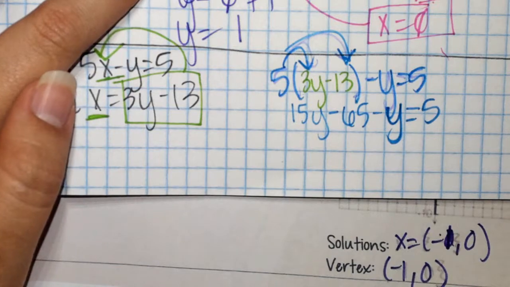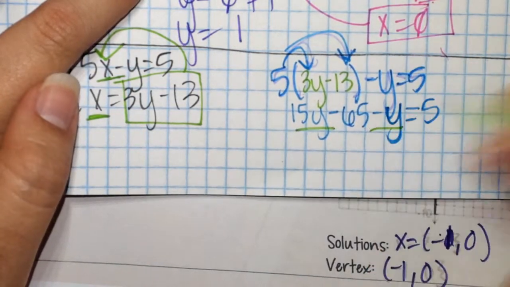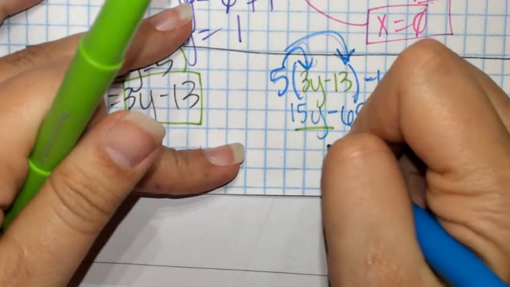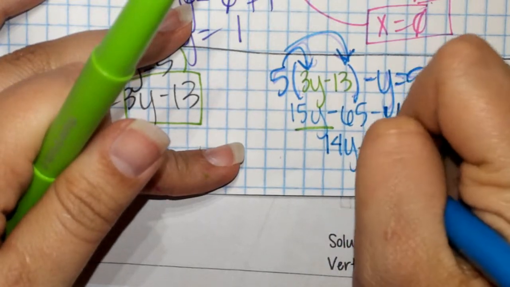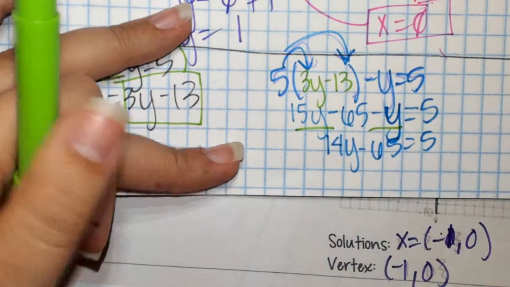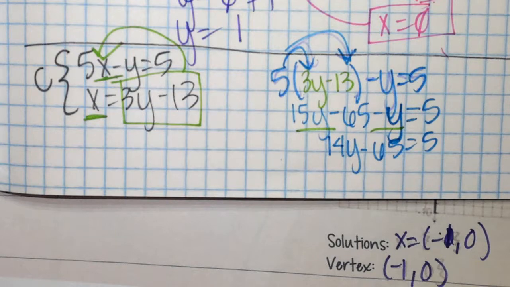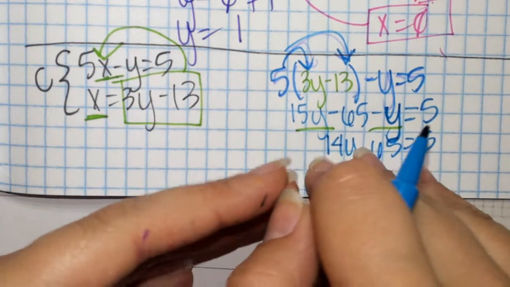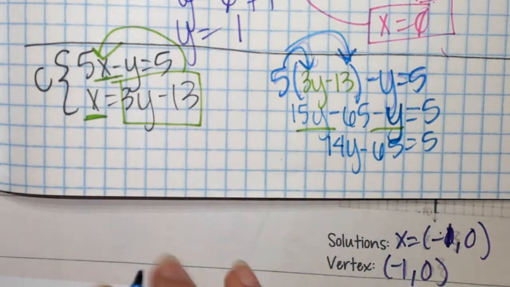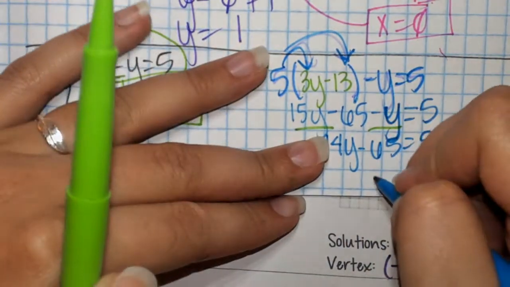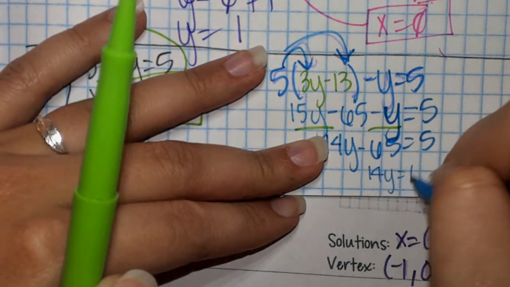Okay, now we combine like terms. We do 15y minus y, and that gives us 14y minus 65 equals 5. Now, I'm running out of room, so I'm not going to write where I add. You guys just know that we add to both sides. And we get 14y equals 70.